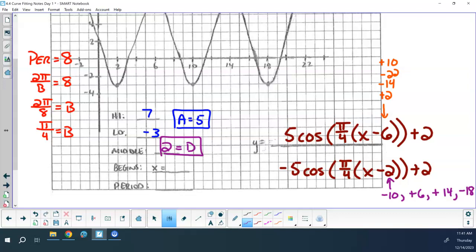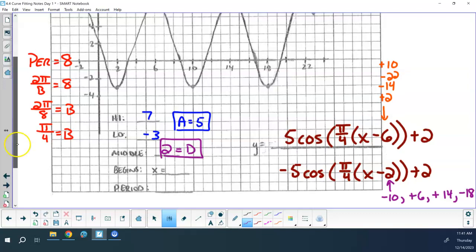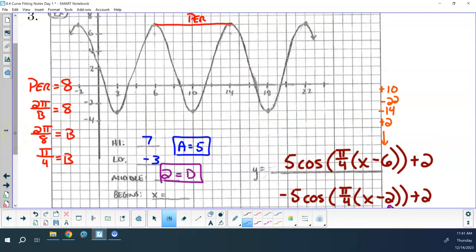Right? Now, you could also, for this one, come up with a sine function if we wanted. Because we could start the function here. Now it's a sine curve.